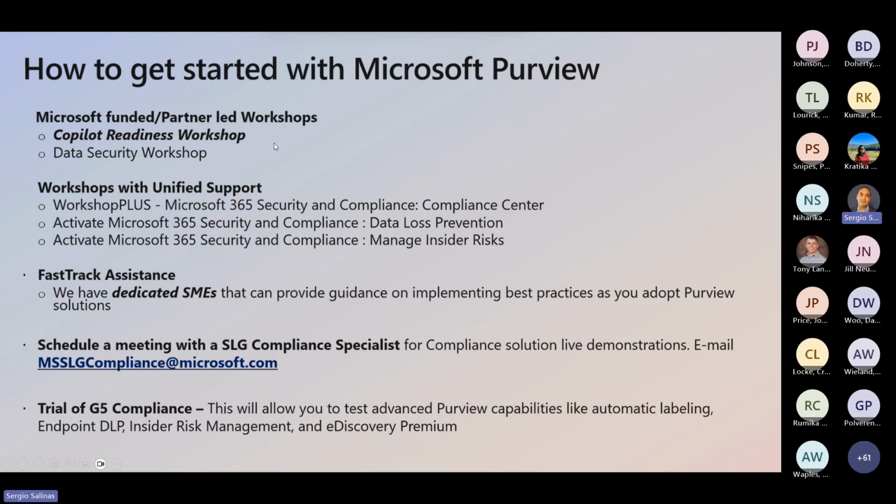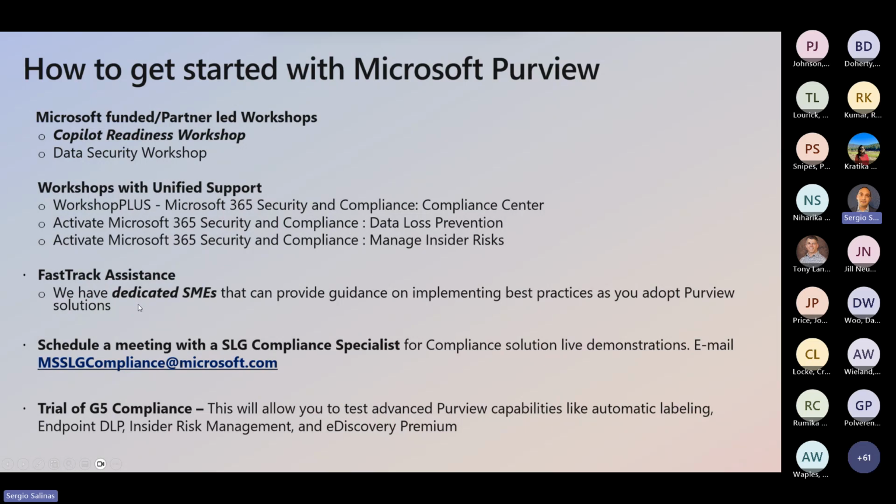So, real quickly, how to get started with Microsoft Purview. We have our Microsoft funded partner-led workshops, some of which are our Copilot readiness workshops and data security workshops. If you have unified support and want to do some workshops with unified support, we have the Workshop Plus, as well as the Activate Microsoft 365 and Compliance for DLP and insider risks.